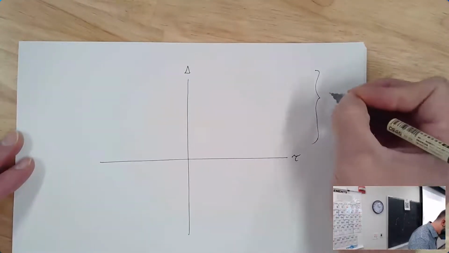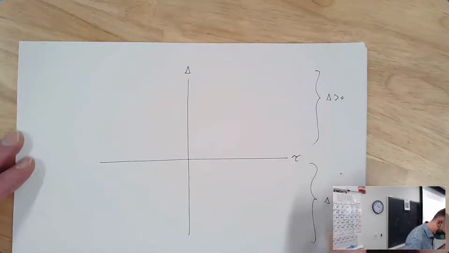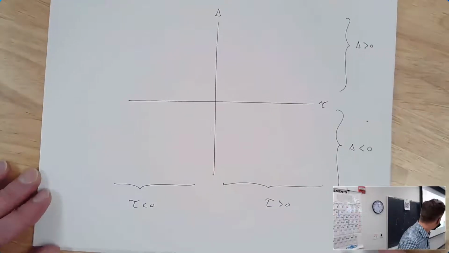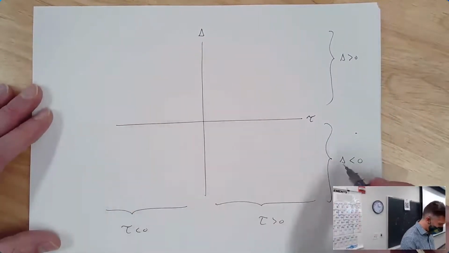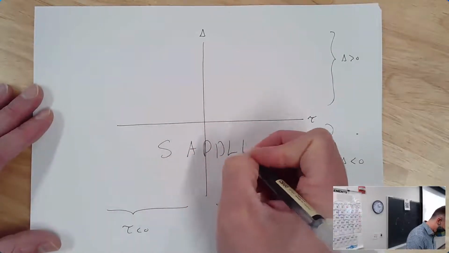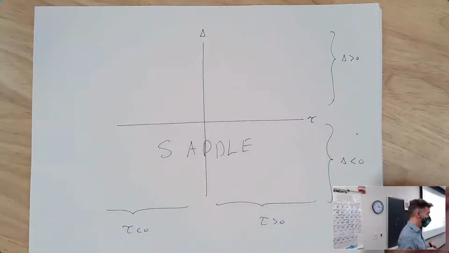Up here, determinant's positive. Down here, determinant's negative. Over here, trace is negative. Over here, trace is positive. And then if your determinant's negative, we have a saddle, because if the determinant's negative, your eigenvalues are opposite signs.